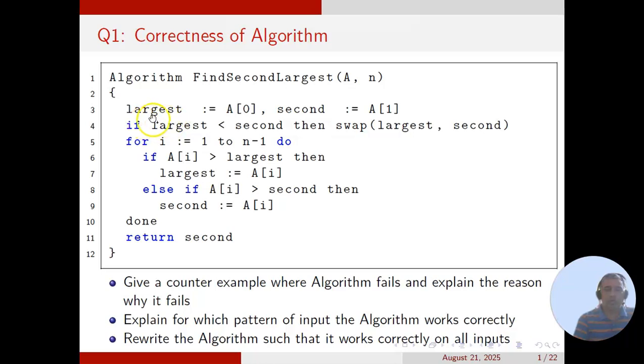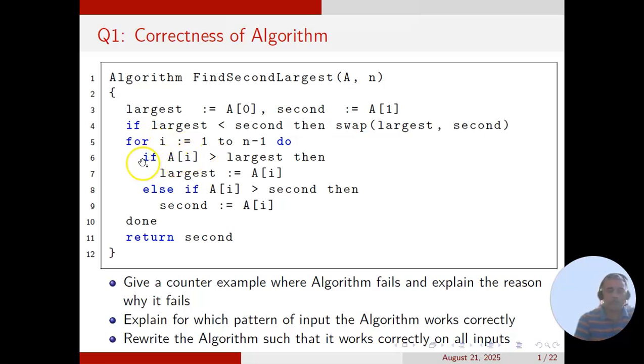So the algorithm first assumes that the first element is the largest and the second element is the second largest, and then it verifies whether largest is less than second or not. In that case it swaps. Now in the first two elements, whichever is the largest, the other one will be considered as the second largest.